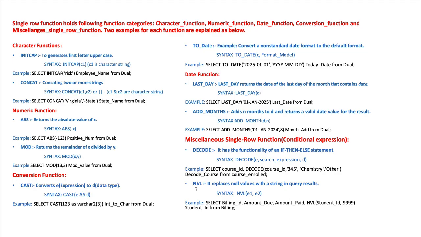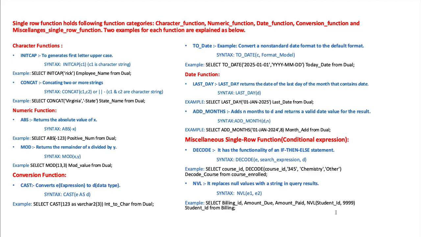Next function is the NVL function. It replaces a null value with a string in a query result. Suppose the example is SELECT billing_ID, amount_due, amount_paid, NVL(student_ID, 9999). That means if student ID is given, do not replace it, display that student ID.